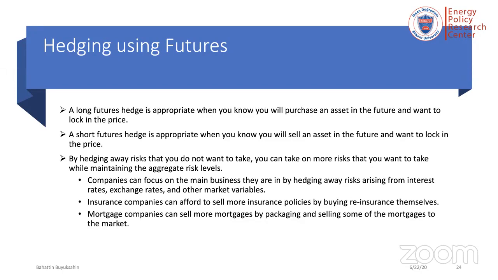In order to avoid any risk associated with price change between now and September, the airline company can buy crude oil now at 39.5 and then store it until September.